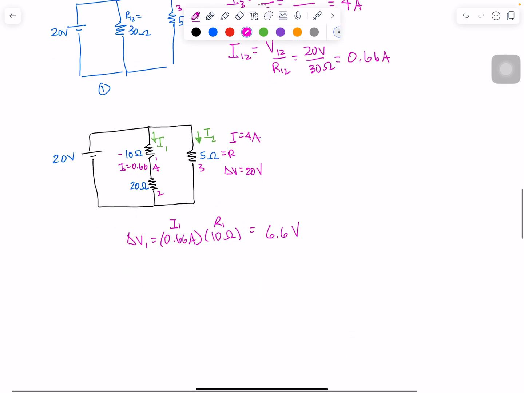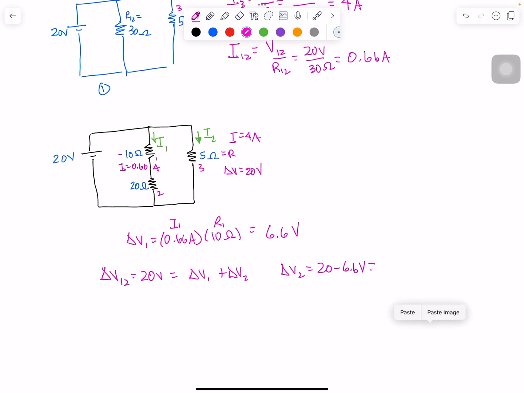And then I2, I can either find from the loop law, I'll show that. So I know that my delta V 1, 2 is equal to 20 volts. And so that's going to be delta V1 plus delta V2. And so delta V2 is going to be 20 volts minus 6.6 volts. So I can find it using Kirchhoff's loop law.